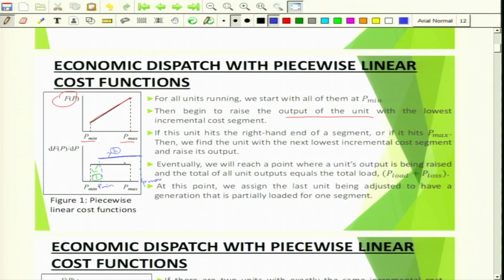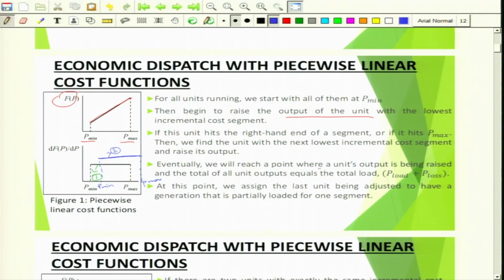Then if the load demand is still not met, you would pick the immediate generator which has the next higher lambda. Then similarly you keep on choosing those specific generators with the increase in the load. You increase the lambda, you take the next generator which has the next highest lambda, and then in total you meet the load demand. So this is what piecewise linear cost functions are.